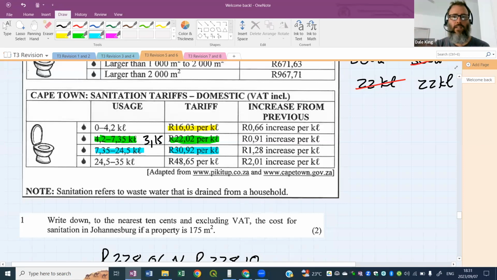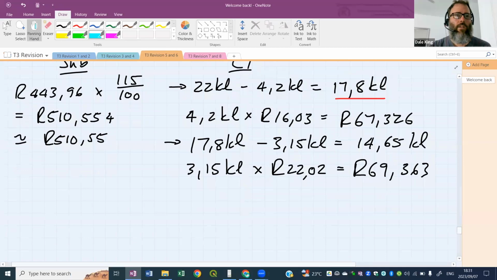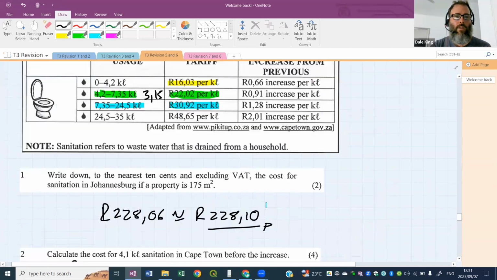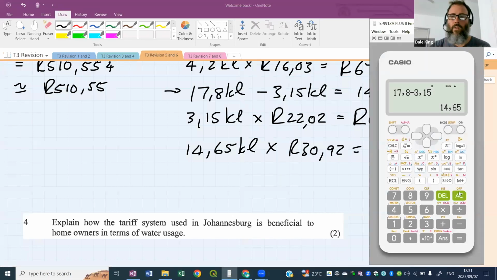I've got 14 something left. So I'm going to say 14 something times 30.92. So I don't need to work out any more water. I just go to the last one, 14.65 kiloliters times 30.92. All right, 14.65 times 30.92.